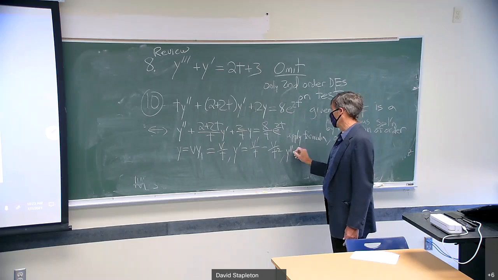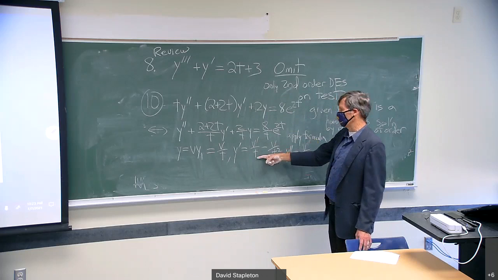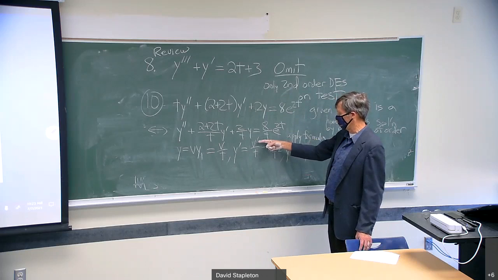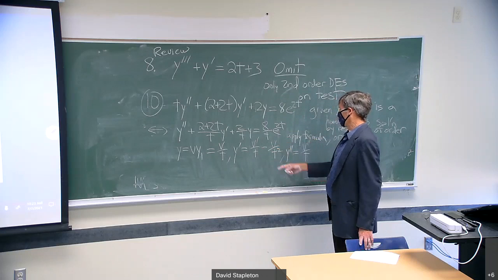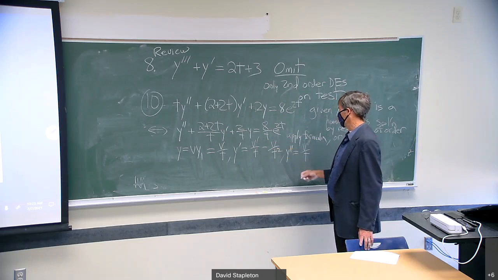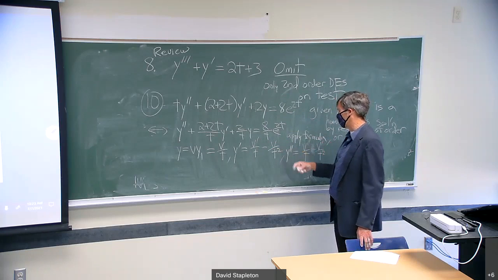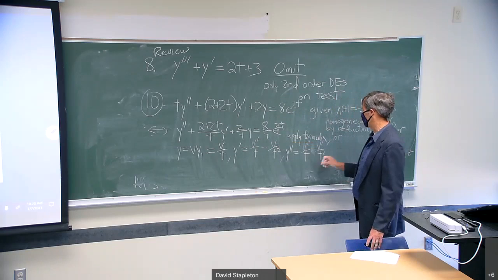And then y double prime is the derivative of this, v double prime over t. Again, I have to use a product rule or quotient rule. Product rule is easier. Think of v times 1 over t. So it's derivative of first times the second plus first times derivative of the second, which gives minus v prime over t squared. And then this one has a product rule too. Think of it as v times 1 over t squared.